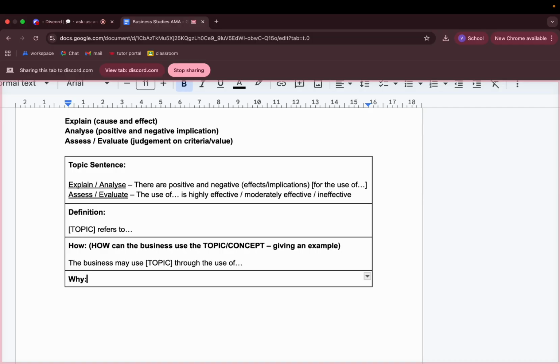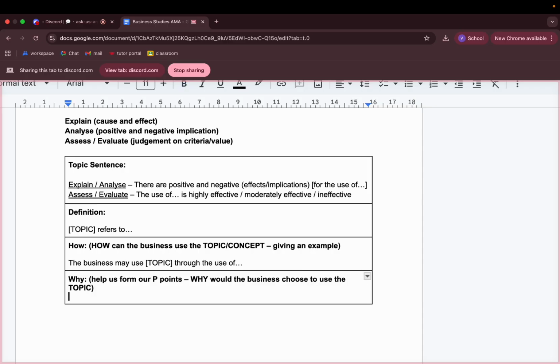Yeah, sure. So I'll keep going with the why. This is going to help us form our positive points. So why would the business choose to use the topic? Let's think of human resources now.